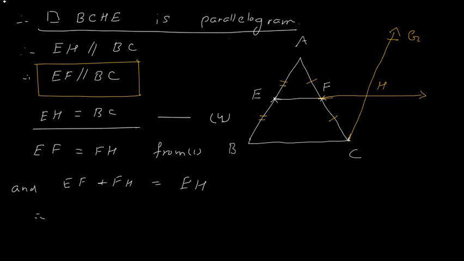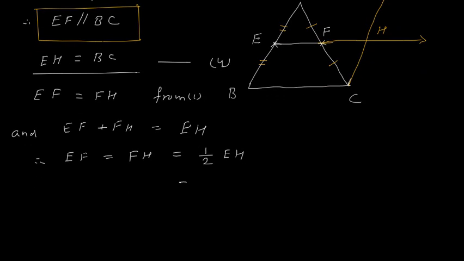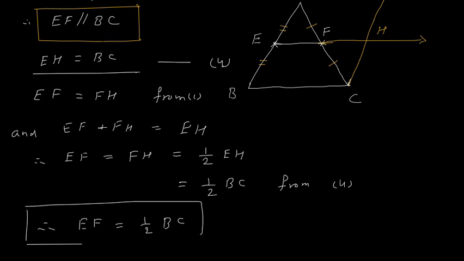Therefore, these two sides are equal and their sum is equal to EH. Therefore, EF is equal to FH, which will be half of EH. And this EH is equal to BC, so this is equal to half of BC, from equation 4. So therefore you got EF equal to half of BC. We proved it.